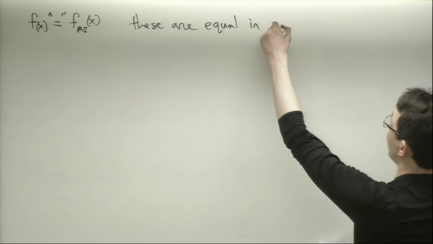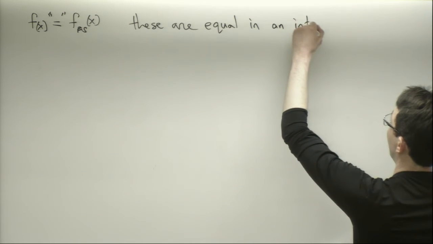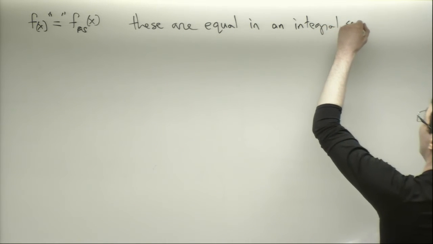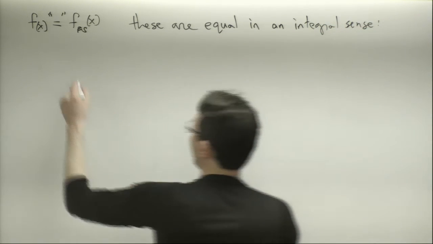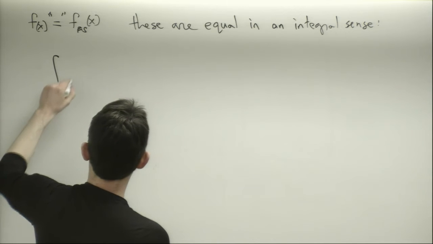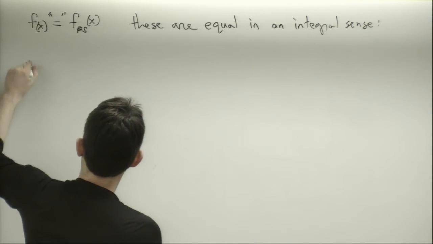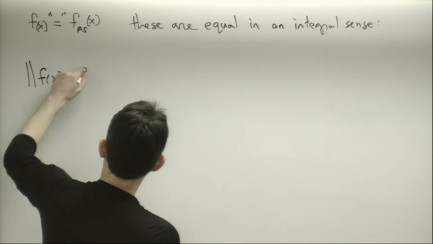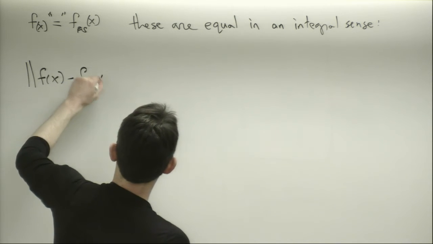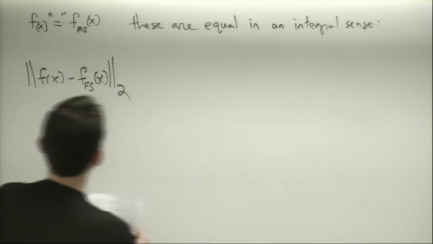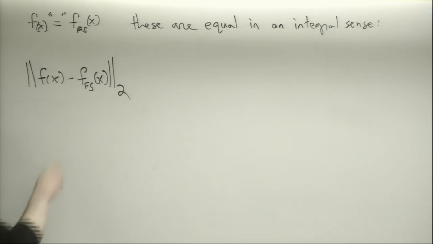So these are equal in an integral sense, which means that the integral of f of x minus my Fourier series of x, there's something called a 2 norm on functions.